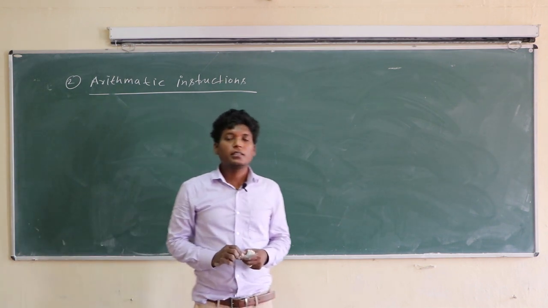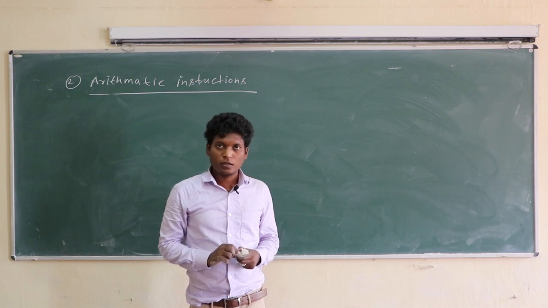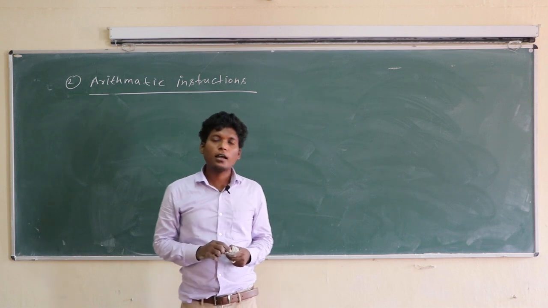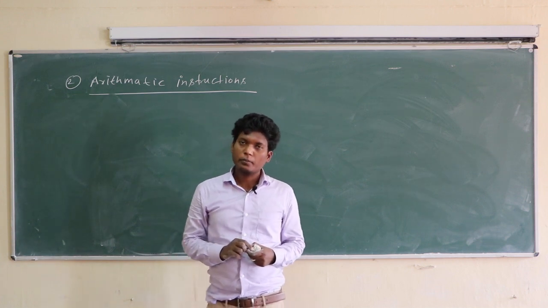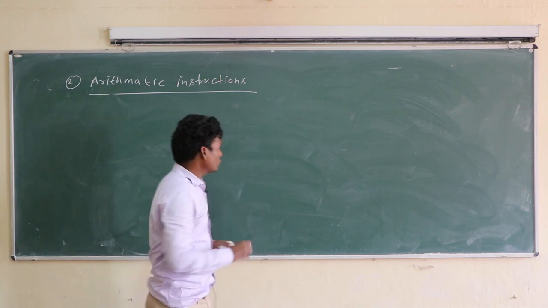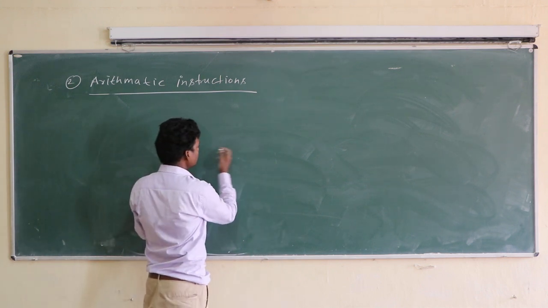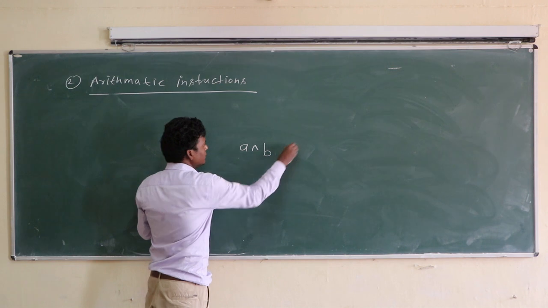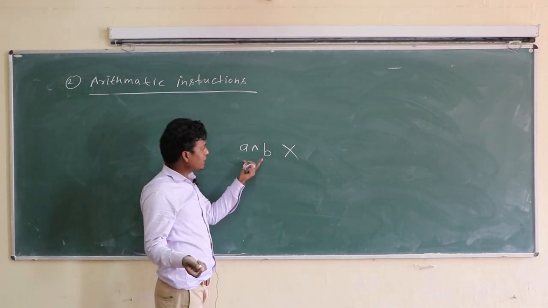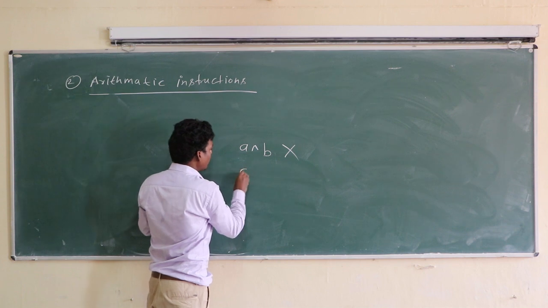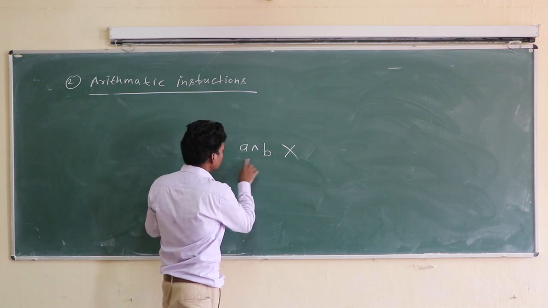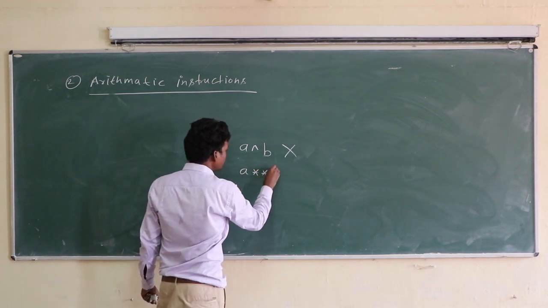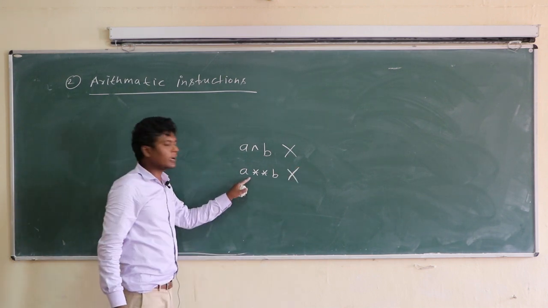In C language there are 45 types of operators, but none for exponentiation. So if you attempt to write a power operator b, this is wrong in C language, though in normal mathematics it works. You also cannot write this; this is not a to the power b.